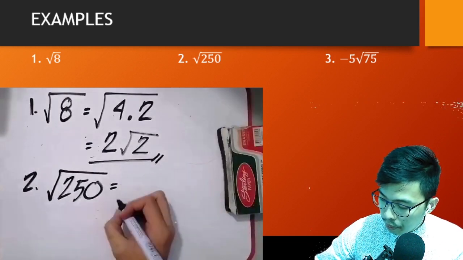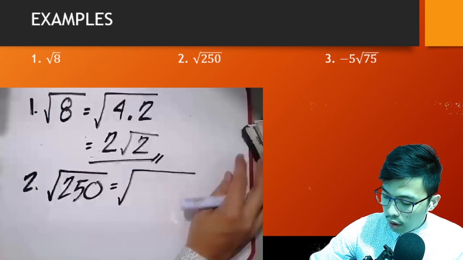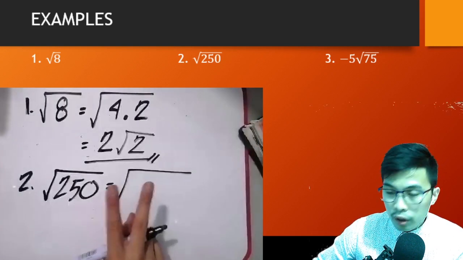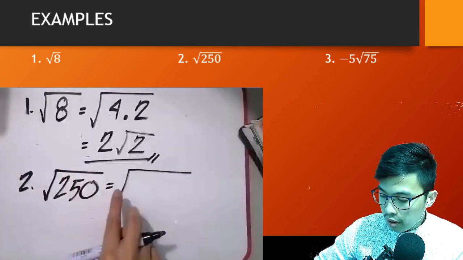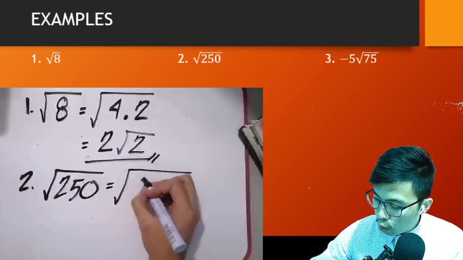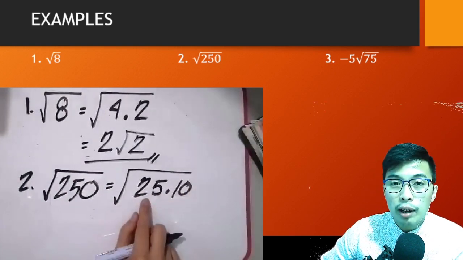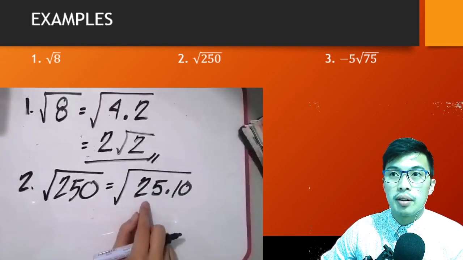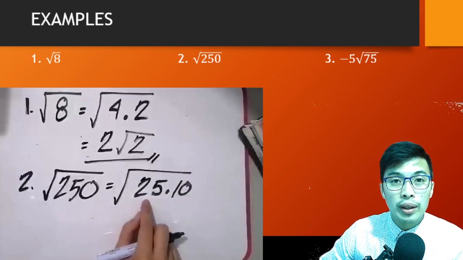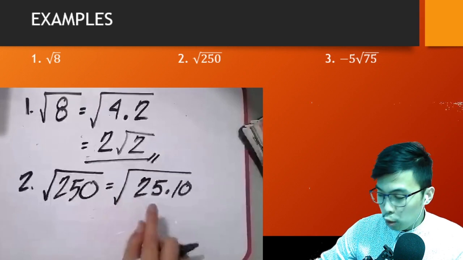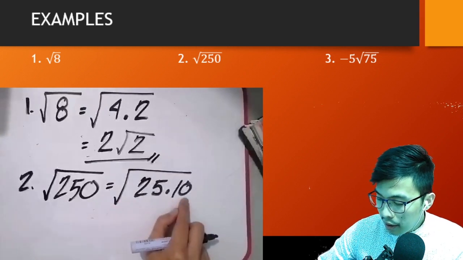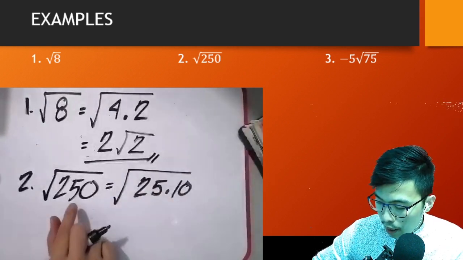So, the two factors of this are 25 times 10. Okay, why 25? Because 25 is a perfect square. Okay, and what is the square root of 25? That is 5. And 25 times 10, that is equivalent to 250.